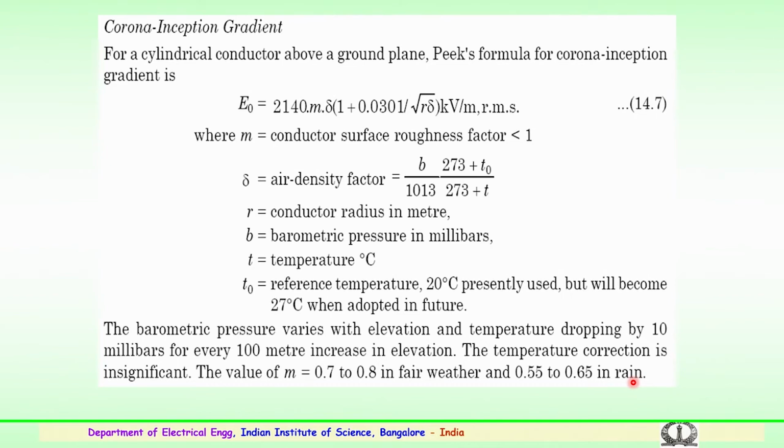Here there is a standard Peek's formula, a well known formula for the estimation of the corona inception gradient, which is given as 2140 into m into delta, the whole into 1 plus 0.031 divided by square root of r into delta, in kV per meter. The value will be in RMS, it is not peak, it is in RMS. So, here it is a very clear, very simple formula, where the m factor is the conductor surface roughness.